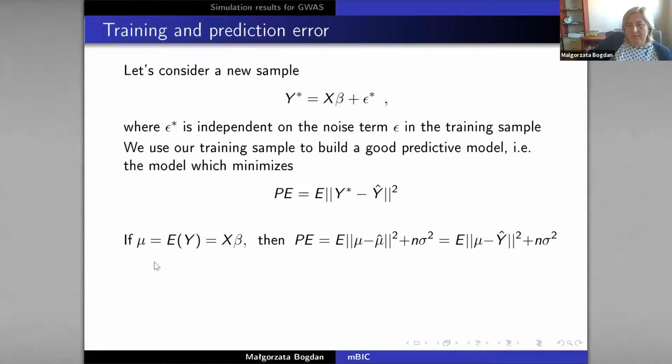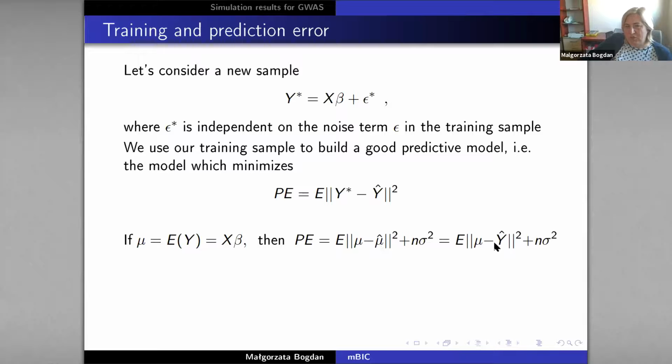So what is mu? Mu is the expected value of our y. The expected value of y is the same in the training and this new sample, and it is equal to x beta. X beta is a vector with n elements, a vector of expected values of my y. So what is my prediction error? Well, it is the difference between mu and our prediction.